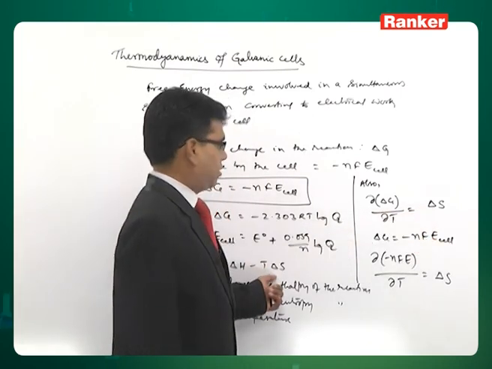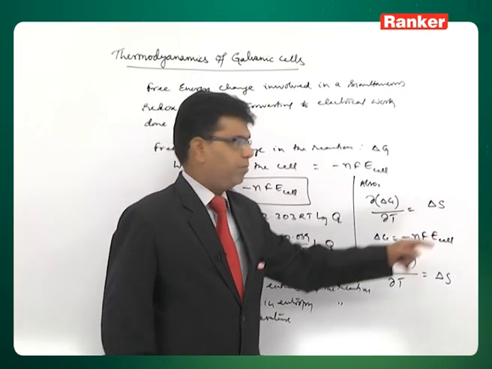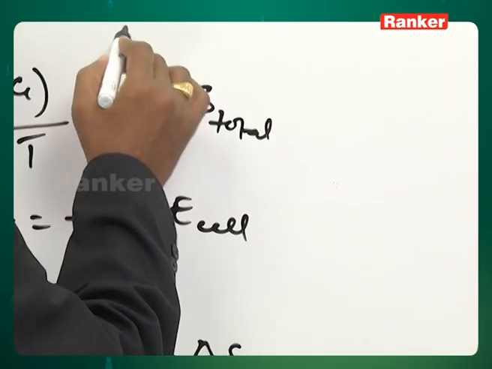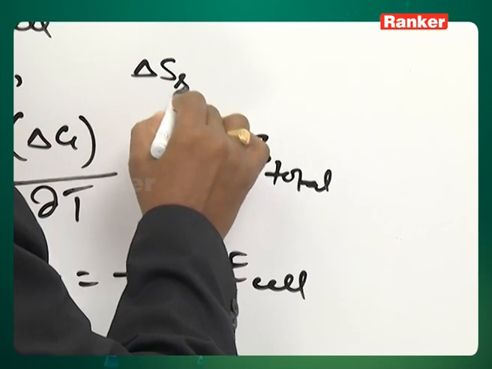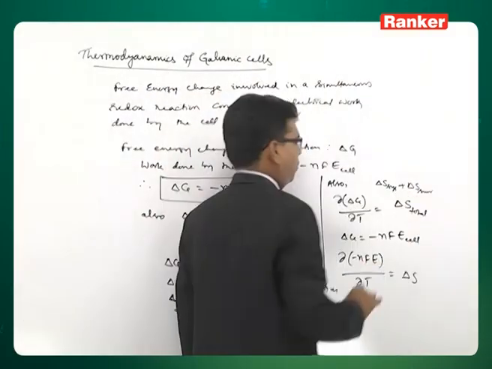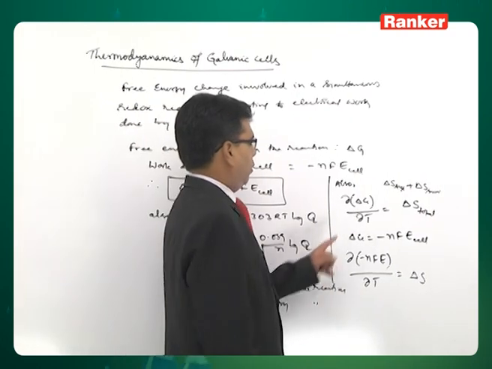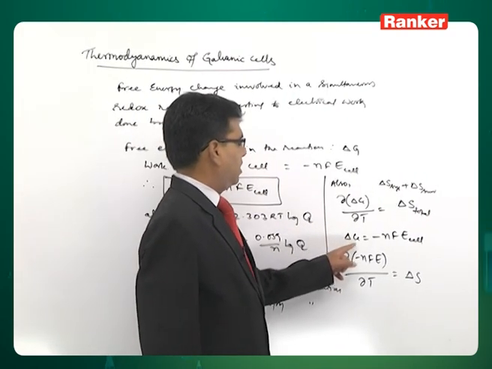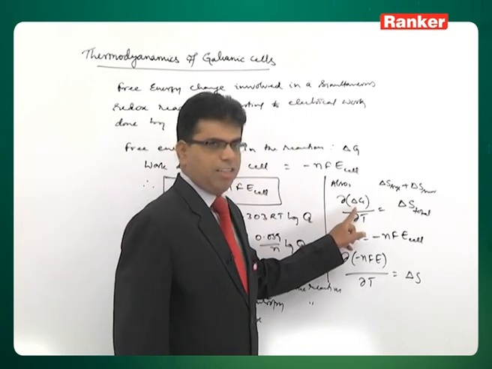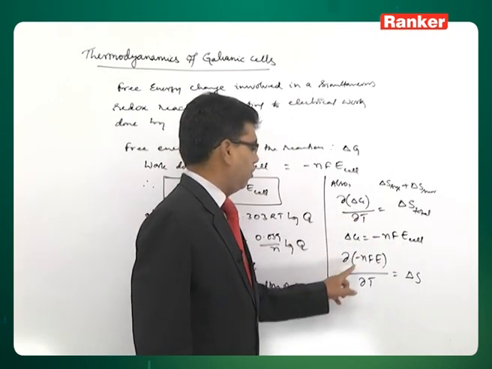This is delta S system, this is delta S total. Delta S total means delta S system plus delta S surroundings. Now, because minus nFE is in the place of delta G, substitute this nFE, then you will get this.